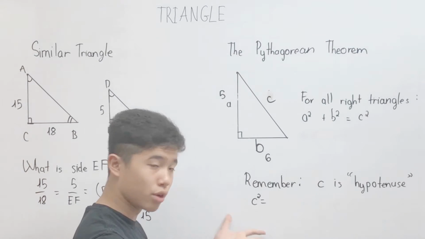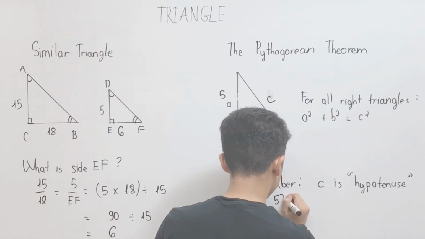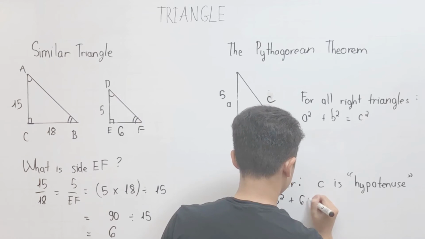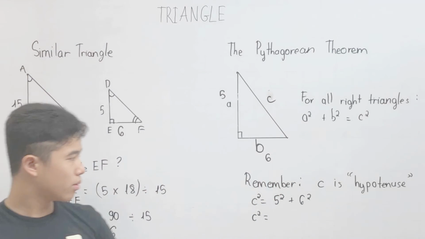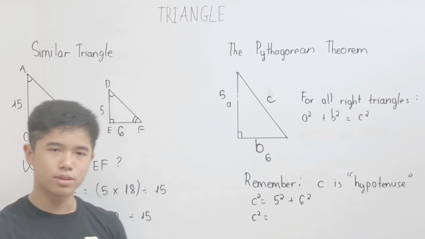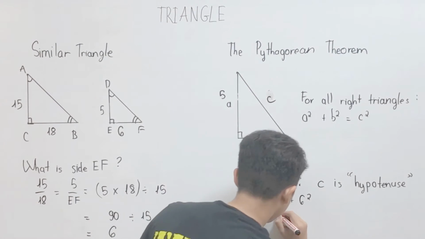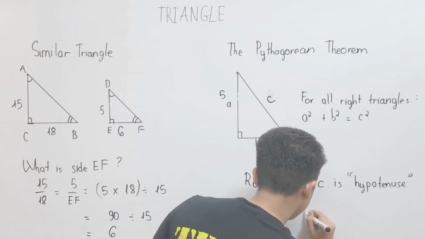So C squared equals 5 squared plus 6 squared. 5 squared is 25. Plus 6 squared is 36.